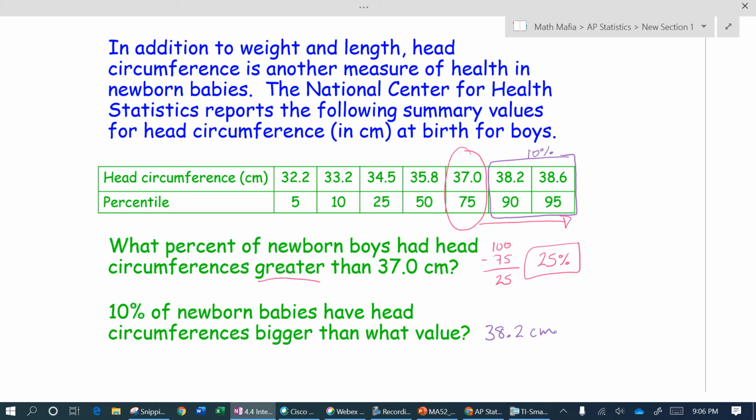Now we can tell that the head circumference distribution for newborn boys is not symmetric because the 5th percentile is 3.6 centimeters below the median of 35.8, right?